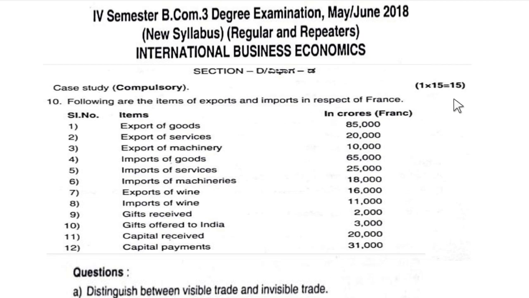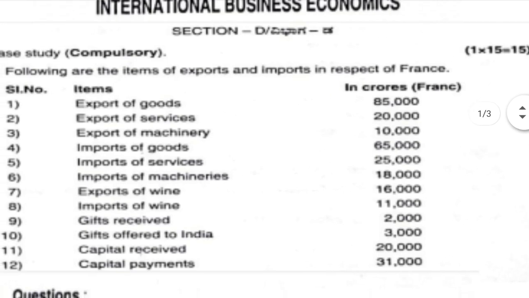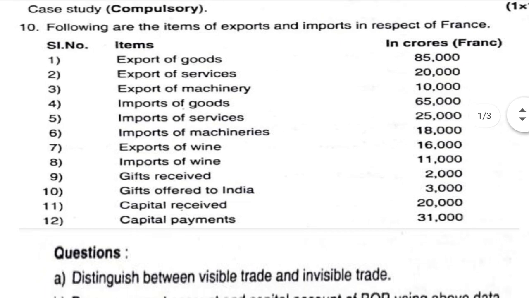In this question paper, the main question is that the following are the items of exports and imports in respect of France. It means these data belong to the country France. Just observe the question paper.